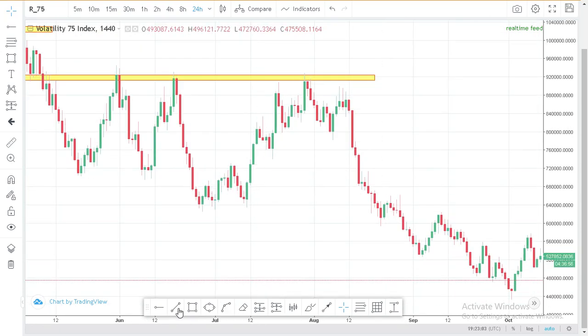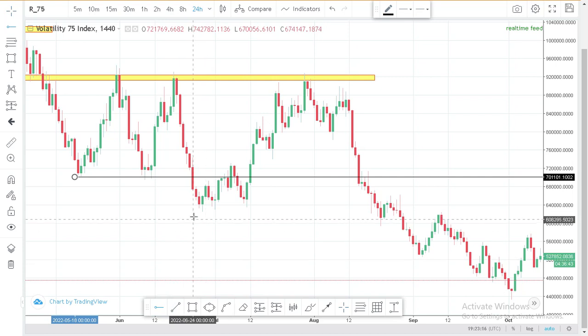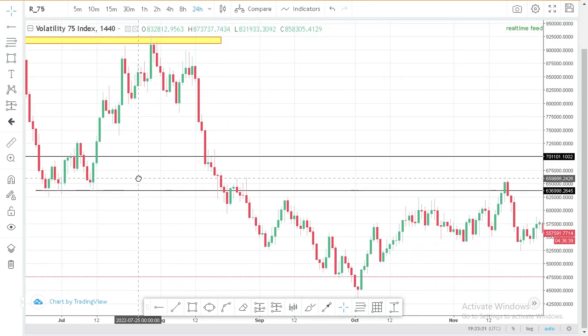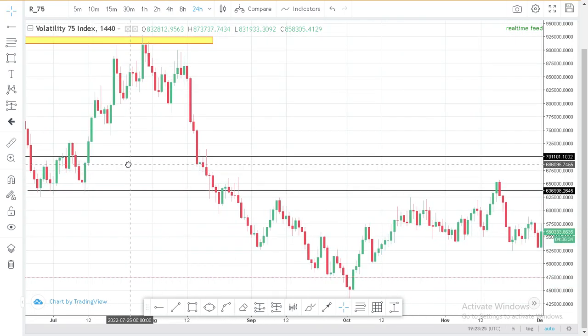Some of you might be like, why is he not putting his support areas as well? I would put them, but for take profit, mind you, this is the daily time frame, so I wouldn't put everything here. I would just put the important things for the current structure.